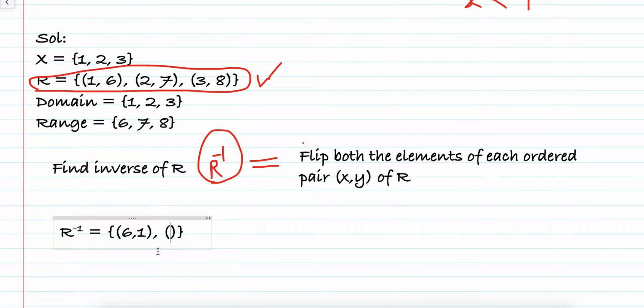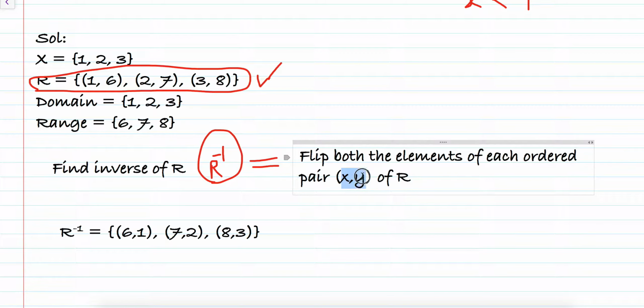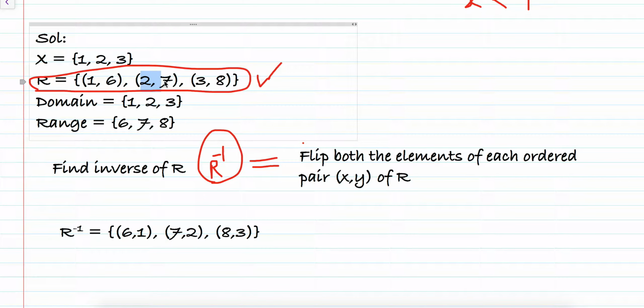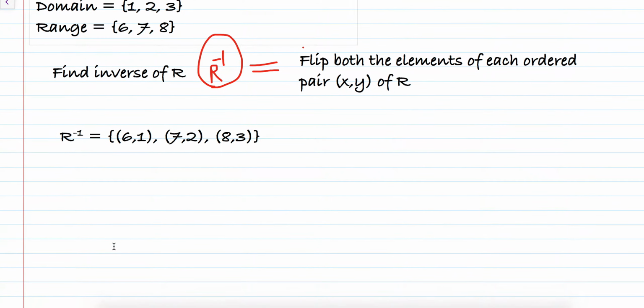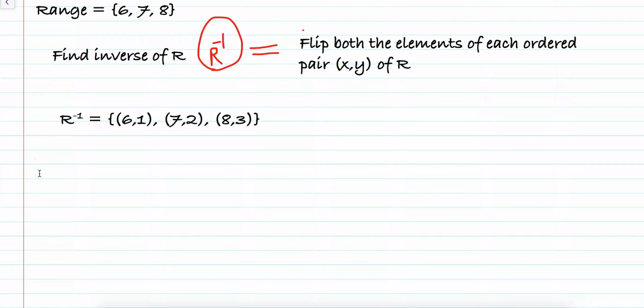Then second element was 2 7, so we will write here 7 2. Third element was 3 8, so we will write here 8 3. So if we have to find R inverse, we will simply flip x and y for all the pairs. We will get R inverse. So that was our second example.